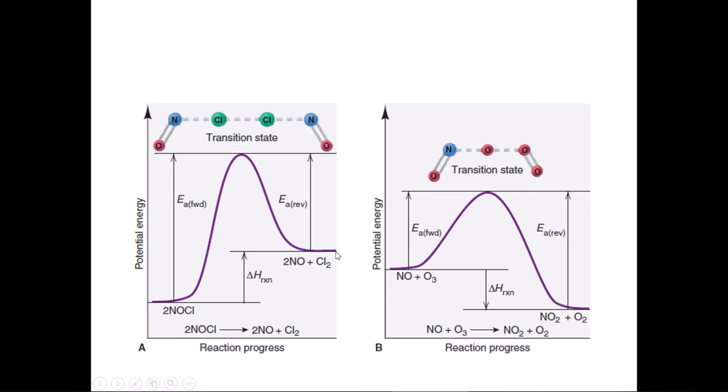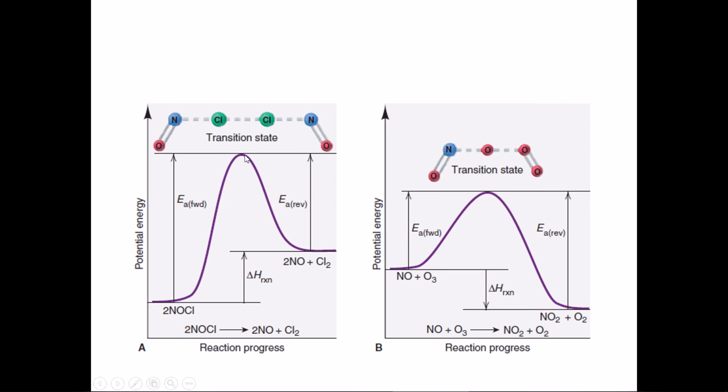Now, if our reaction were going in the reverse direction, we would start with our 2NO plus Cl2, and we see our activation energy for this direction. We get to the same transition state we had before, the same activated complex, because our halfway point looks the same regardless if we're going forward or backwards.